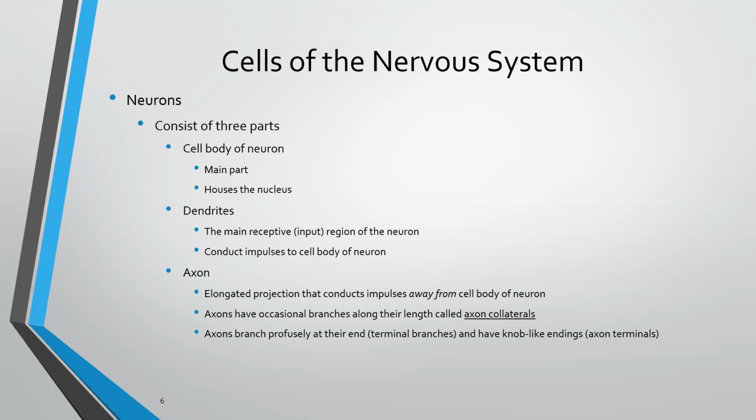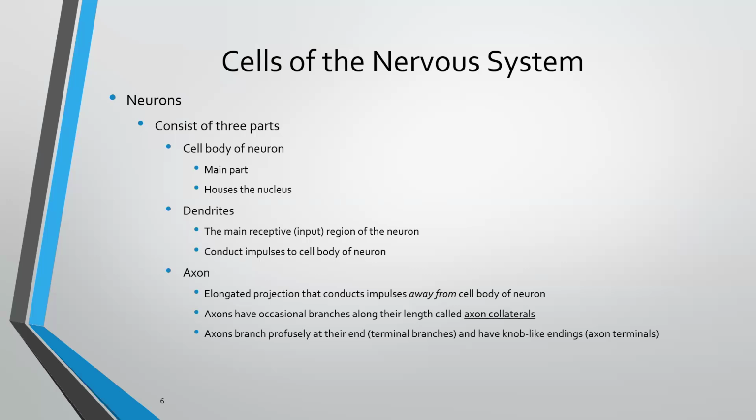Sensory neurons transmit impulses to the spinal cord and brain. Motor neurons transmit impulses away from the brain and spinal cord. And then what are interneurons? Interneurons conduct impulses from sensory neurons to motor neurons. They're also called central or connecting neurons.